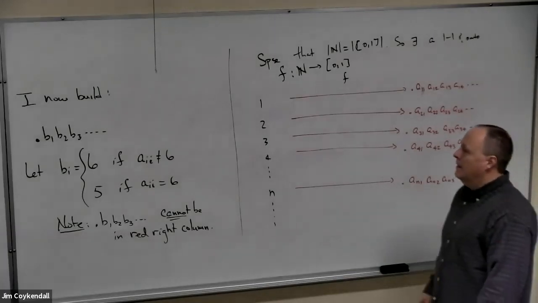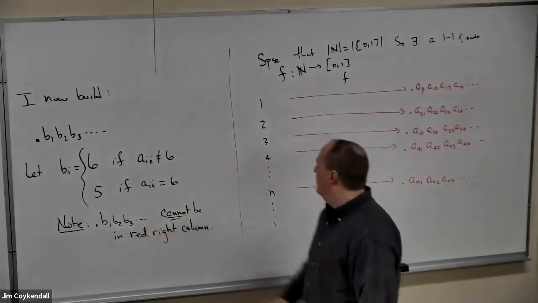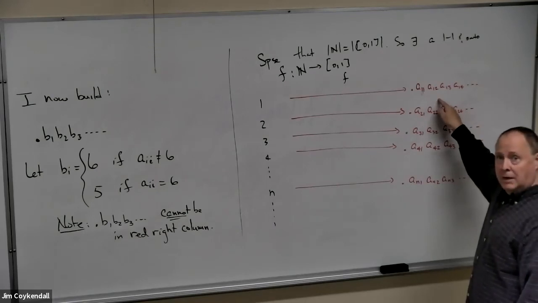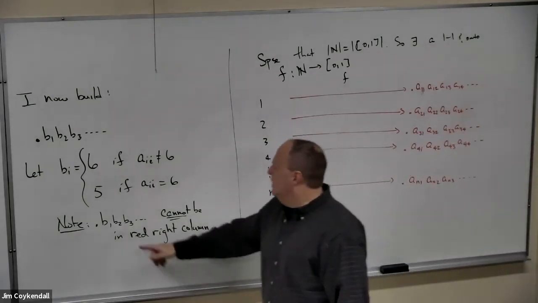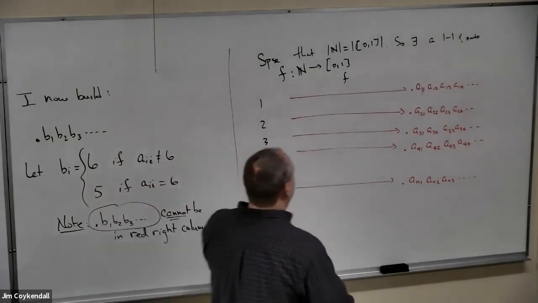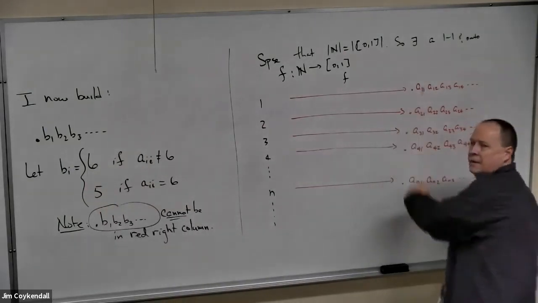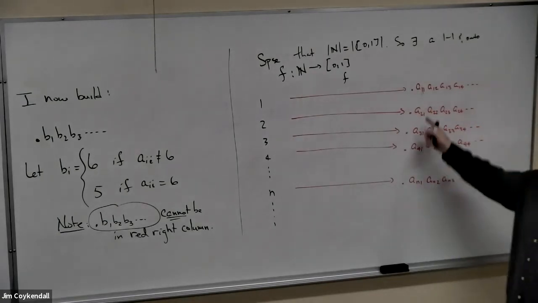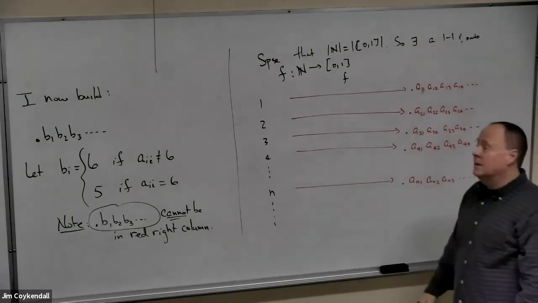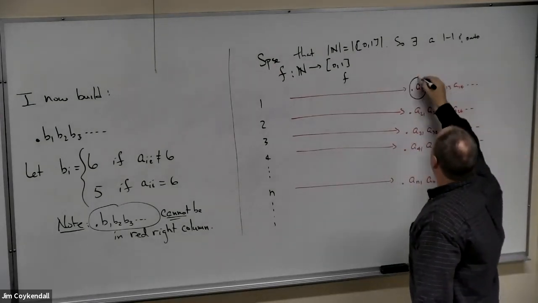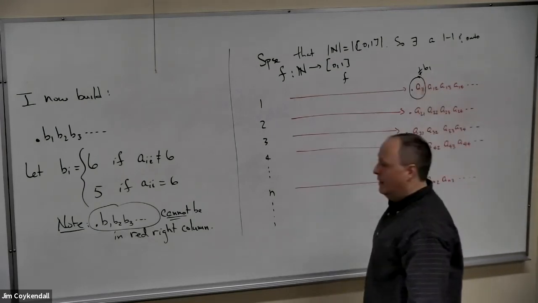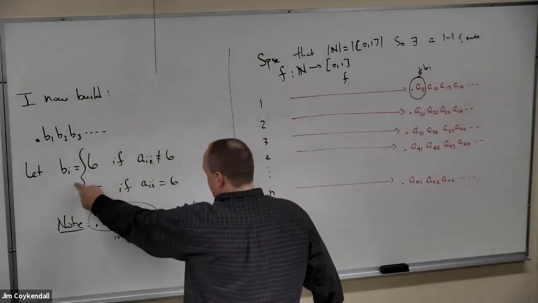Well, if this thing is here, it's got to be one of them, right? Can it be the first one? Well, no. The reason is the first decimals don't match, because look at the way I defined this.